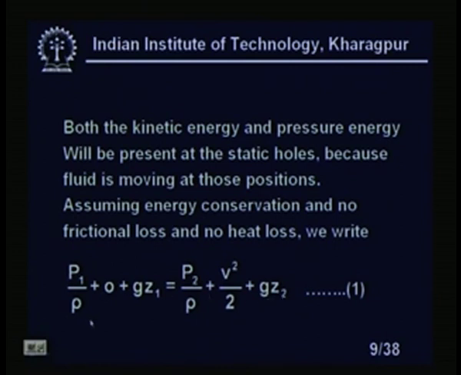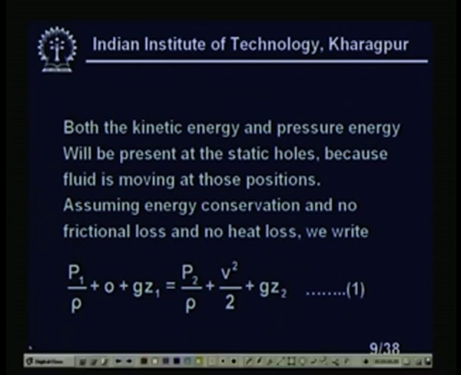Look at it very carefully: all the units will be the same. G is in meter per second square, and Z will be in meter, so G Z will be in meter per second whole square. V square is also in meter per second square.